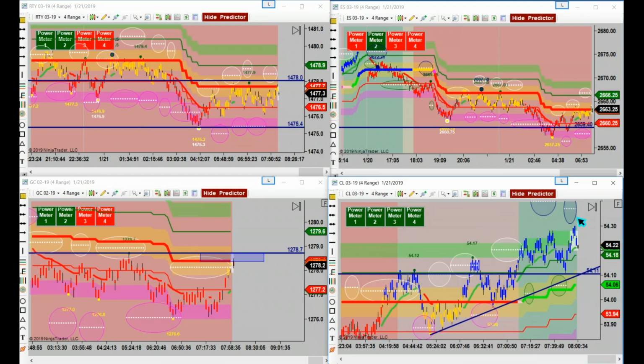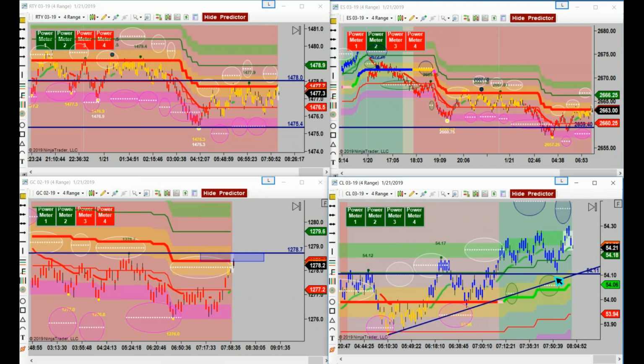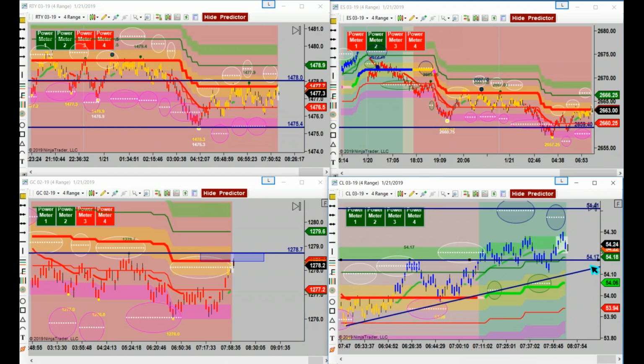But be very careful because they're barely making fresh highs. And they did come down to this predictor. So they're trying to check. I've already checked here. They haven't checked here just yet. But it looks to me like they want to take it up. So if you do take it, if this bar closes up, just don't let it go back below the bottom of the box.